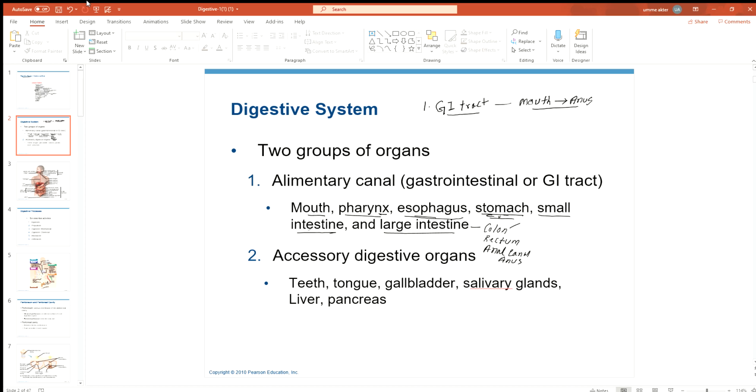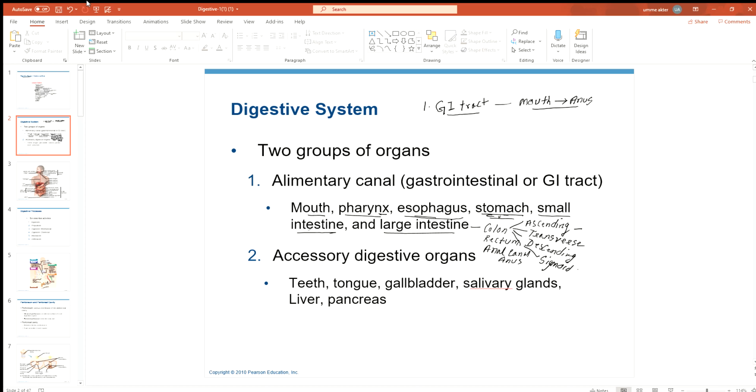And the colon has different parts: ascending colon, transverse colon, descending colon, and the last is the sigmoid colon.